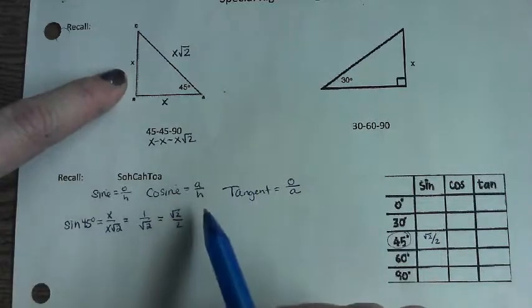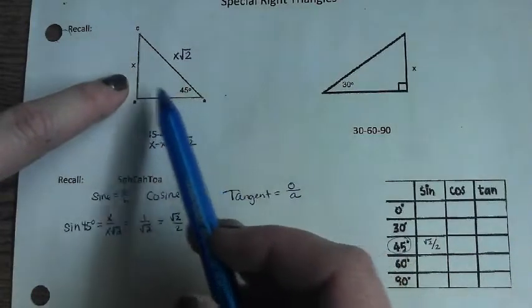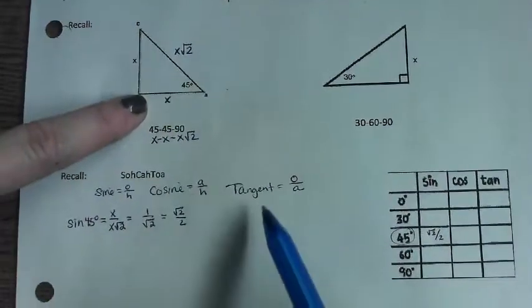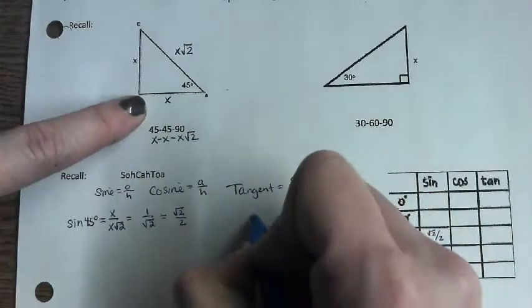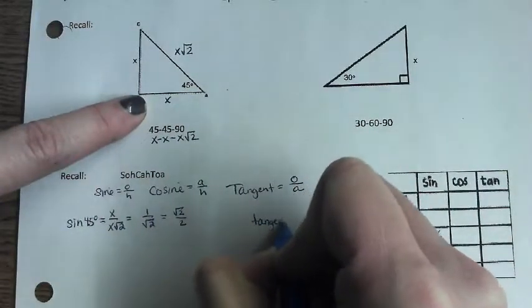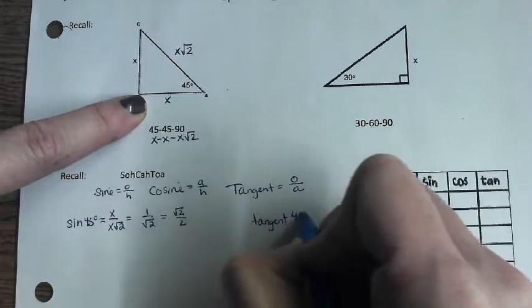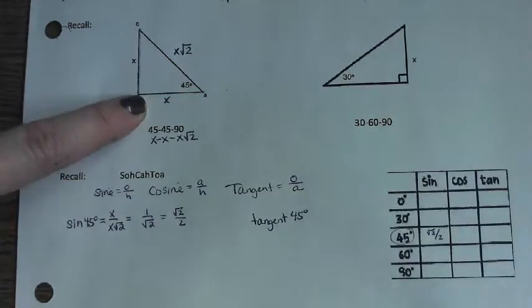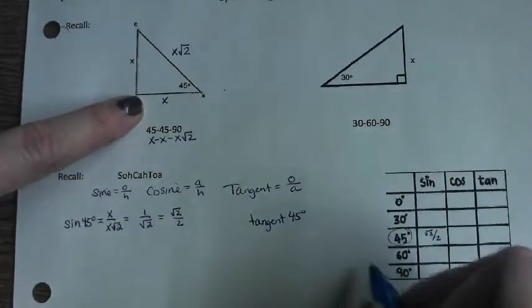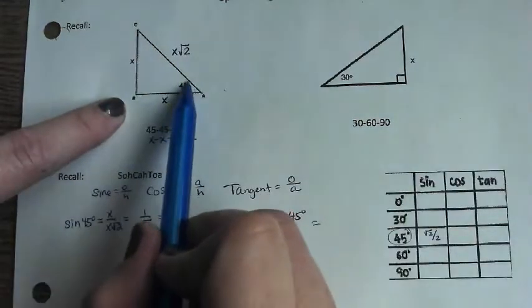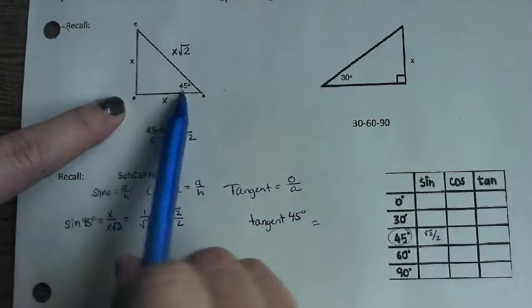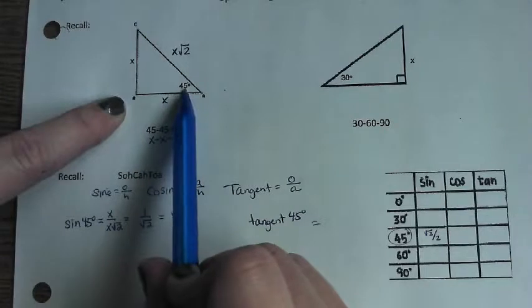And then we would be able to do the cosine of a 45 degree angle. And we would be able to do, just for the fun of it, the tangent of a 45 degree angle. I don't know why I wrote the whole word tangent out. I should have just written tan. The tangent of a 45 degree angle is the opposite side. Vince, what's the opposite side labeled on this?